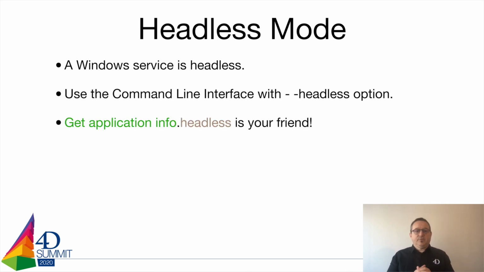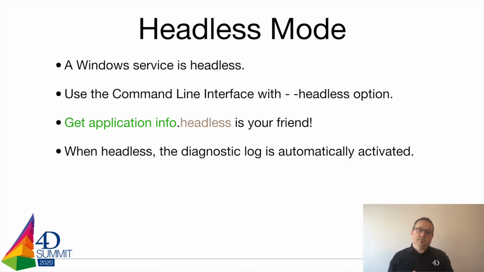The Get application info command has a new attribute which is called headless. It's a boolean which is set to tell you if you are in headless mode or not. So you can develop your code differently if you are in headless mode or not.